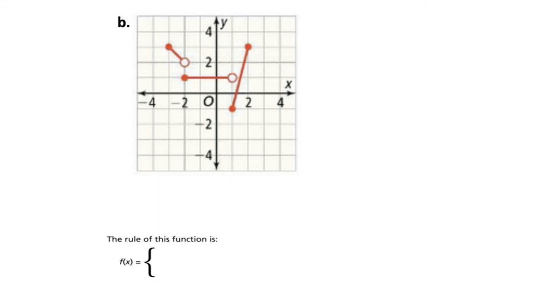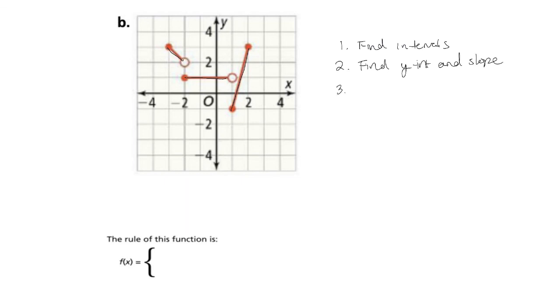And this is the setup for B. So again, find the intervals. Again, 1 was find intervals. I didn't finish writing the rules. 2, what you want to do is find the y-intercept and slope.